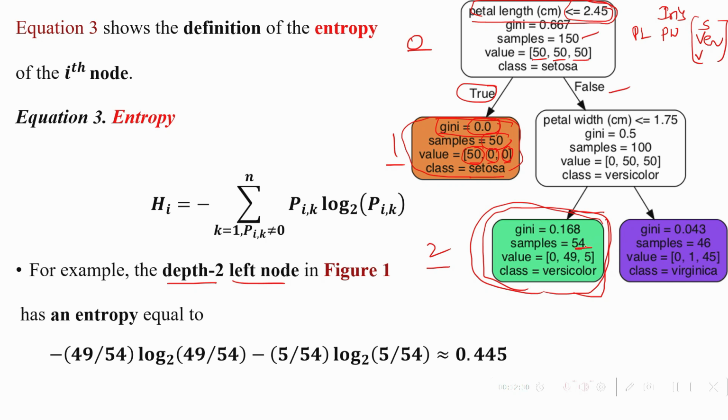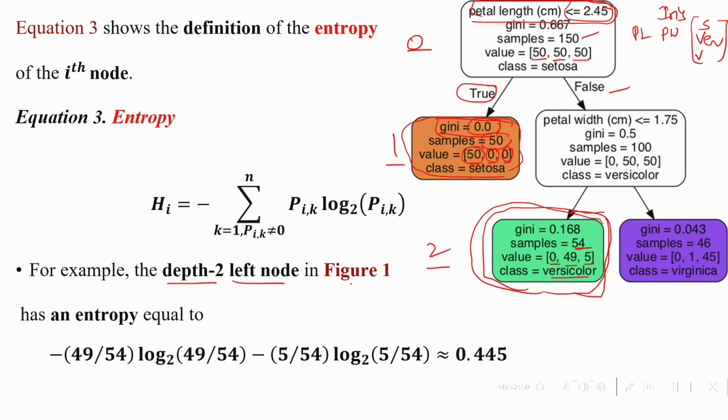Out of 54 elements, 0 elements belong to setosa, 49 belong to versicolor, and 5 belong to virginica. Now we are going to find out whether all the elements belong to the same class or not with the help of entropy.